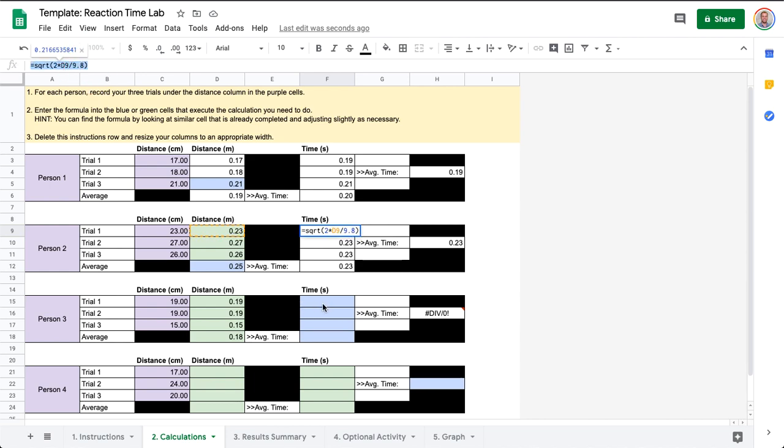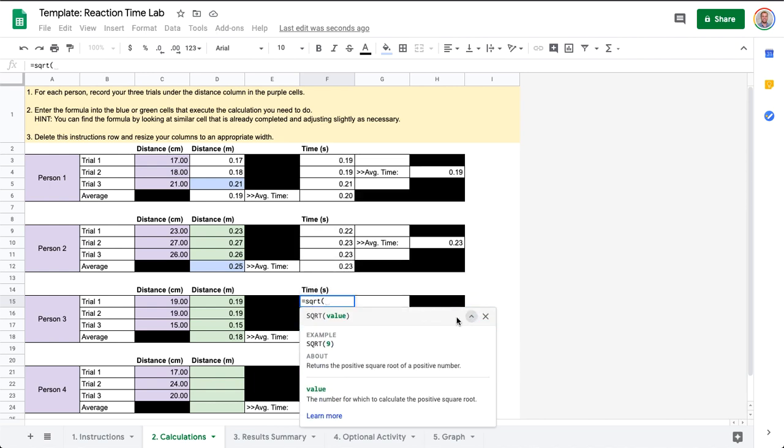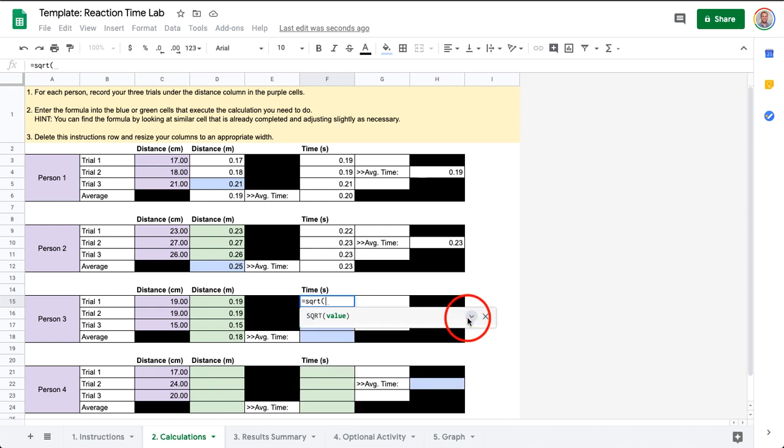It's equals square root of 2 times whatever is in this cell, divided by 9.8, as in 9.8 meters per second squared. So let's go ahead and go equals SQRT. If we're not sure what needs to go in here, it'll tell us the value. So we said 2 times whatever is over here, divided by 9.8. And then we can go ahead and close parentheses.